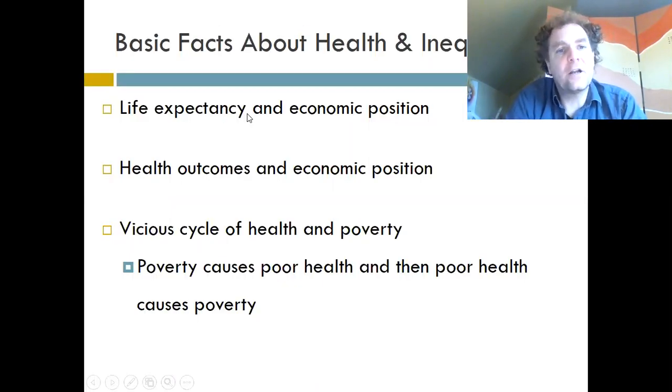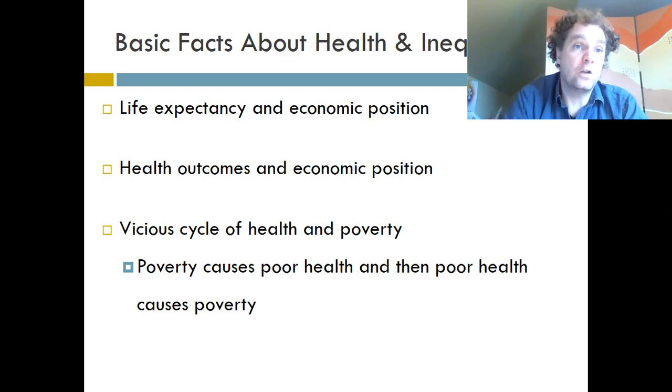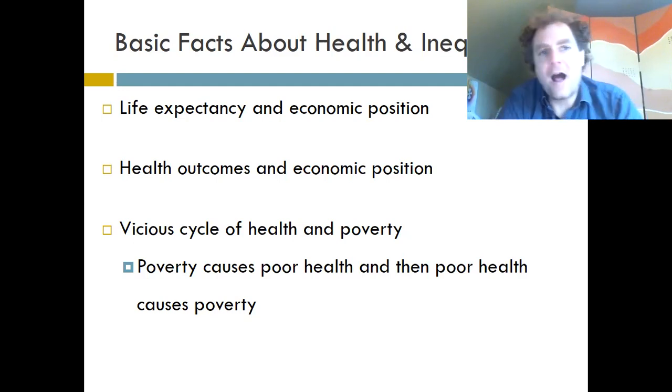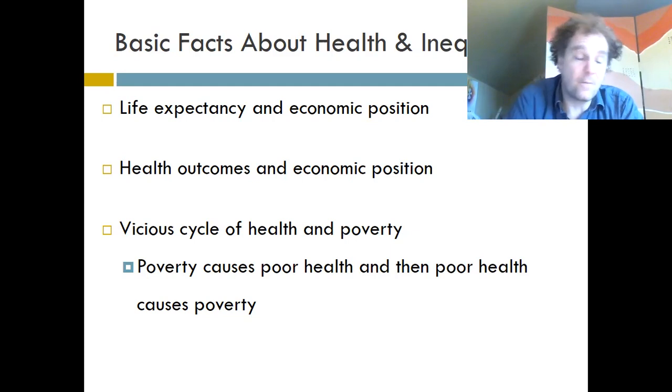And so what we see in all these things is that your economic position does not just determine how much money you have, but it determines your life expectancy and whether or not you will have a disease or illness. Now the question is, what about cause and effect? Going back to the first week of class, we know there's this correlation between economic position and health.